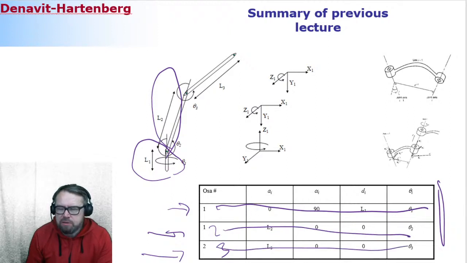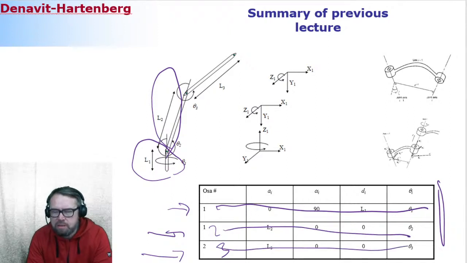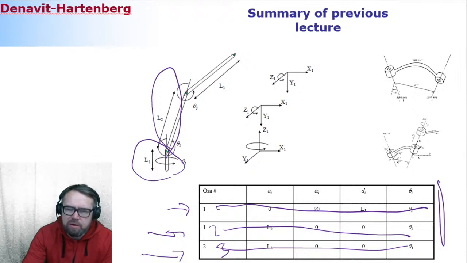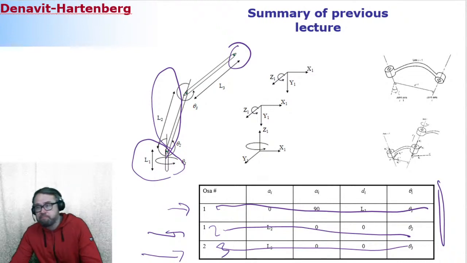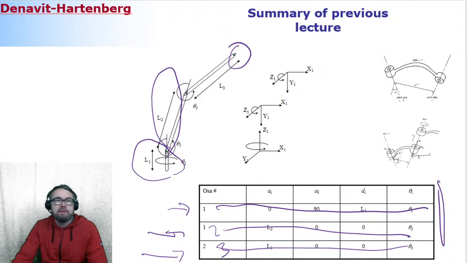So there are going to be 3 matrices in total. And once you multiply these matrices together, you can figure out the position of the end effector of the simple arm robot system. So that's how it goes. Okay, moving on.